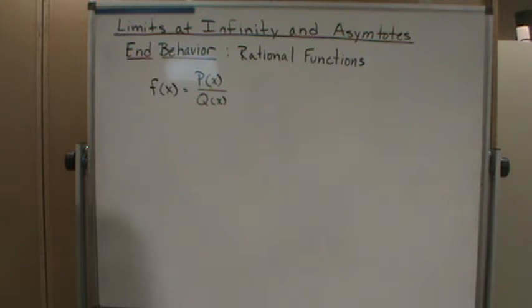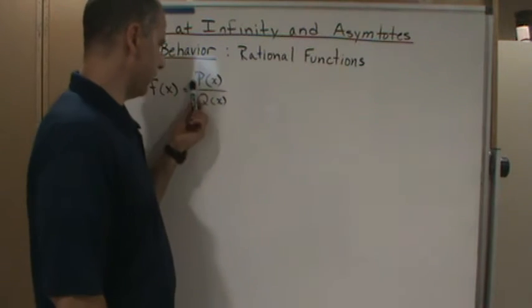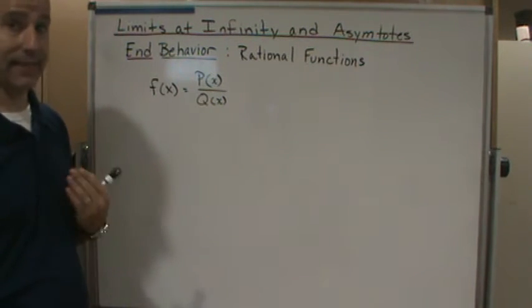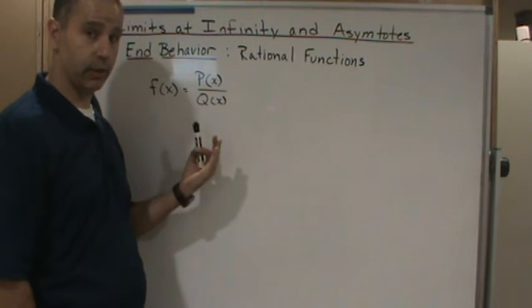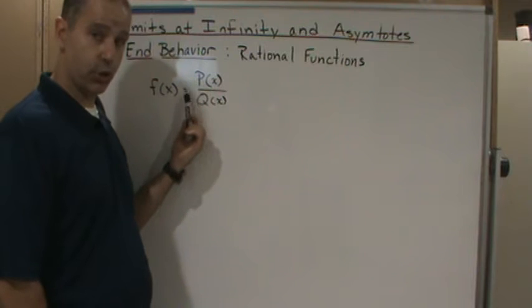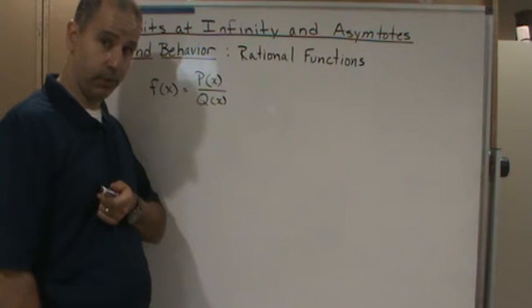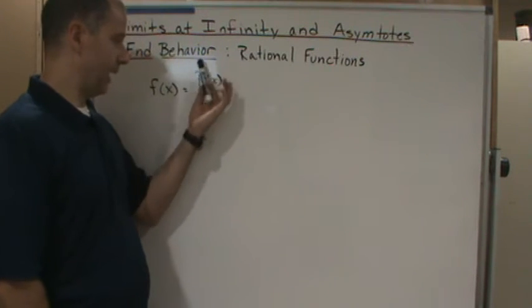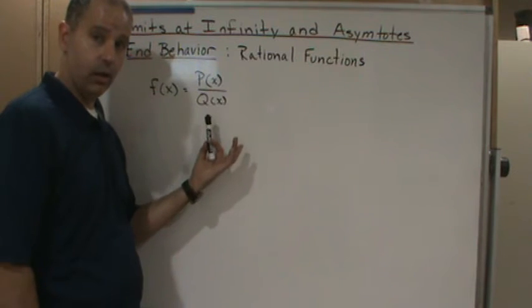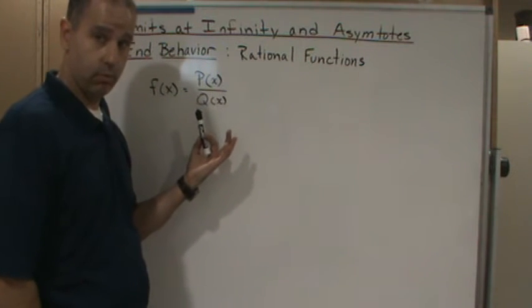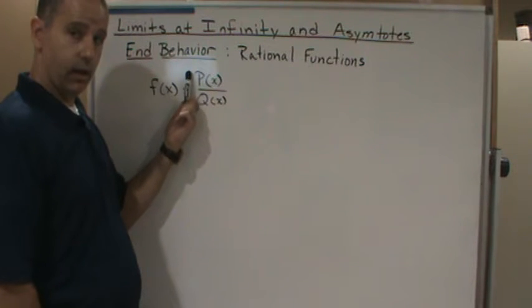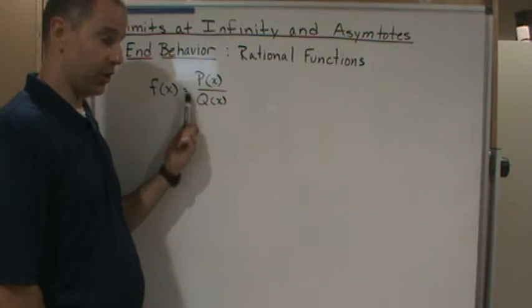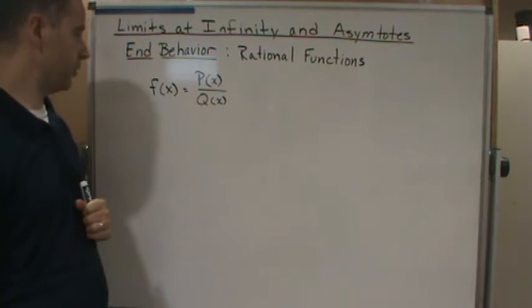Now, also, if the degree of the top and the degree of the bottom are the same, then the limit of this thing is going to go to a real number. The ratio of the leading coefficients, if you remember, right? And so there's going to be a horizontal asymptote at the ratio of the two leading coefficients.